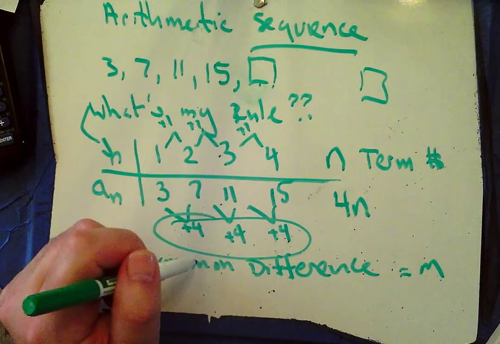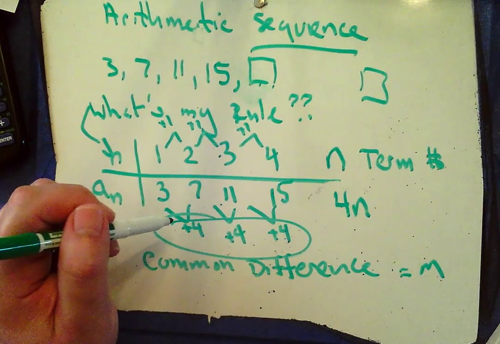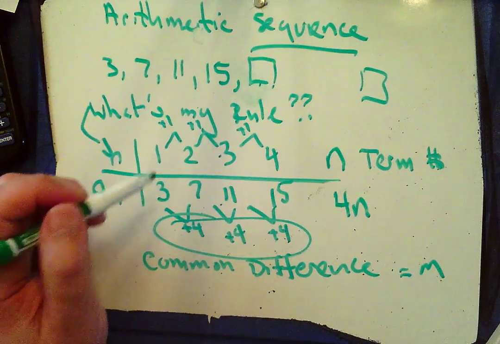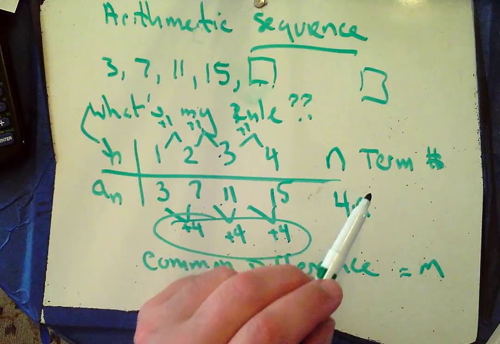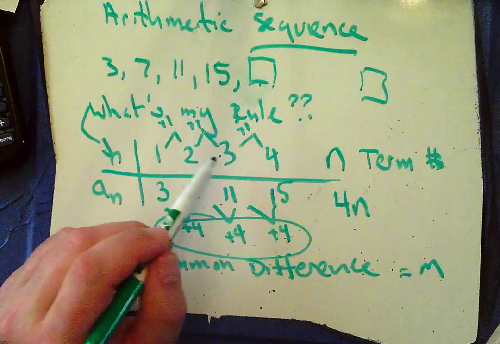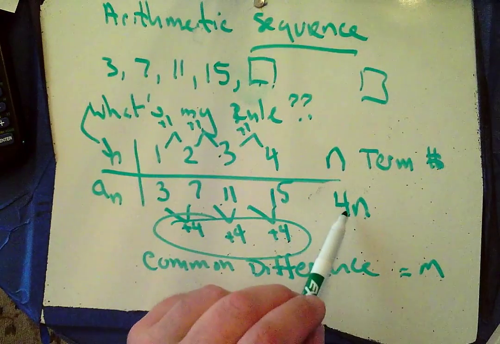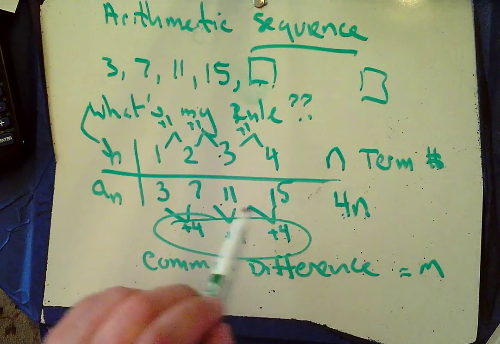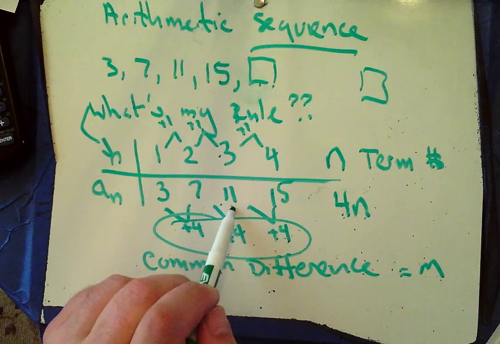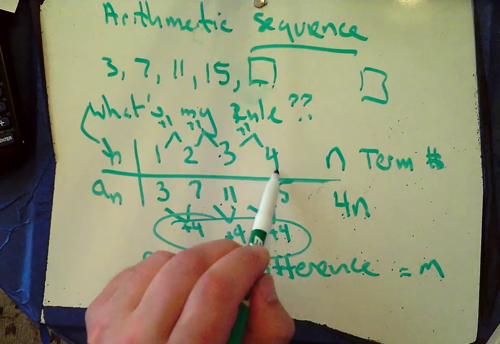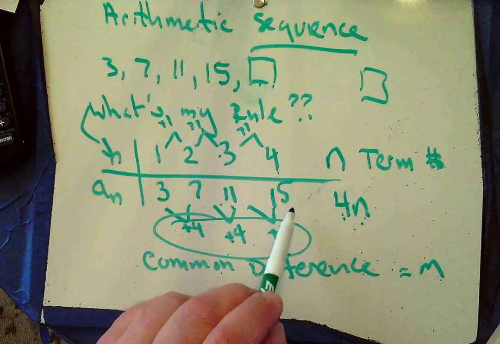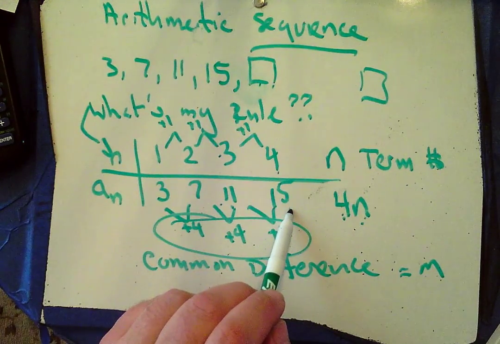I've just taken the common difference and multiplied it by the variable n. And now when I try a value in, like 3 times 4 is 12, and I see an 11 here. Or if I plugged in a 4 times 4 is 16, and I see a 15 here.